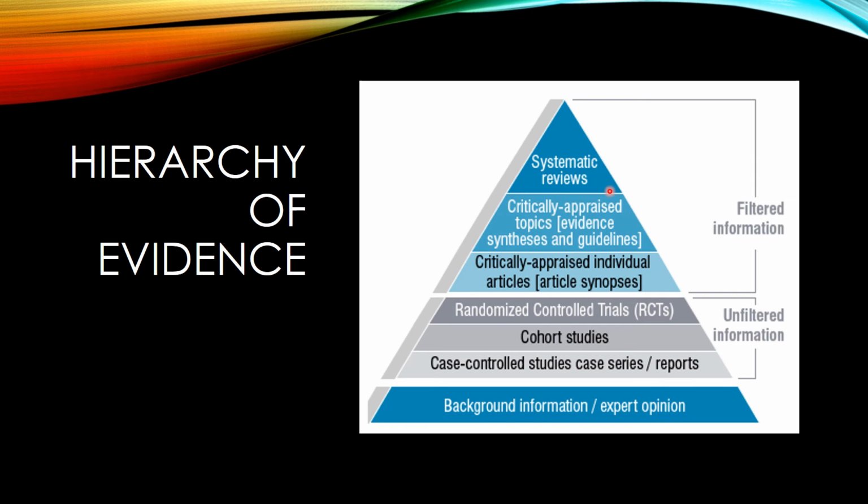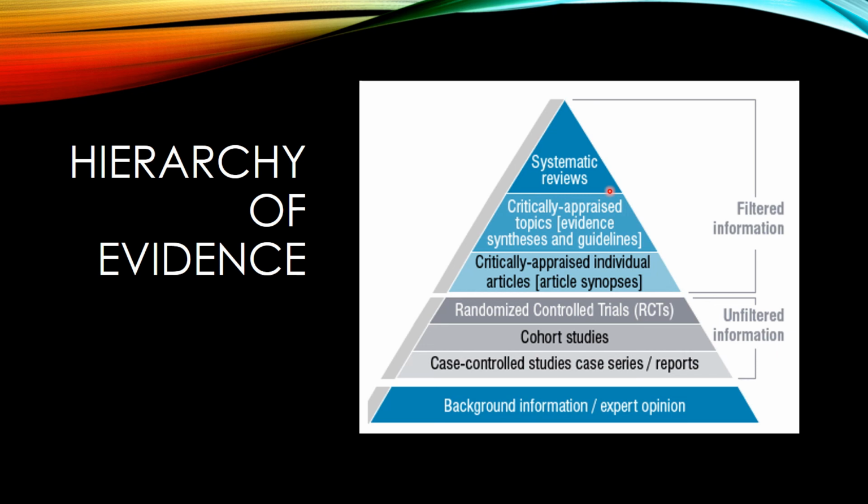The evidence shows blah blah blah. So systematic review is at the top in terms of level of importance, validity of evidence, and it's at the top because it is not based on one research. It's actually based on a group of research papers. So that's at the very top, and it's also quite hard to do.